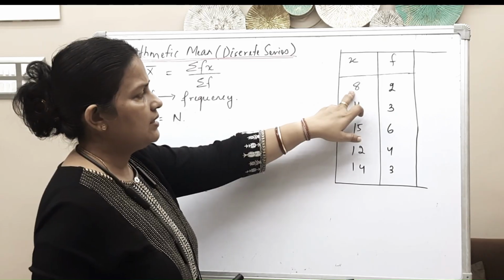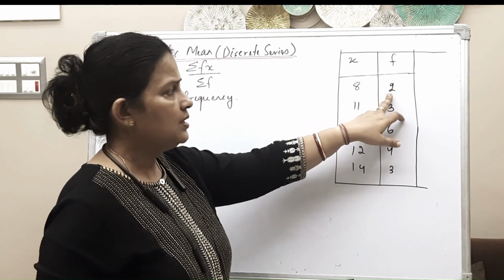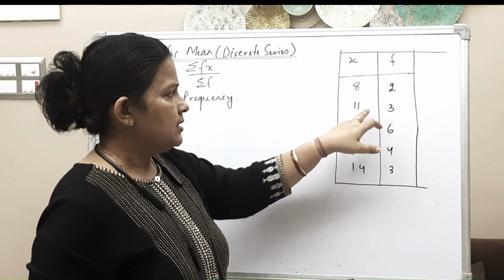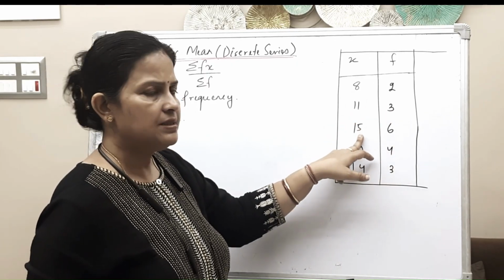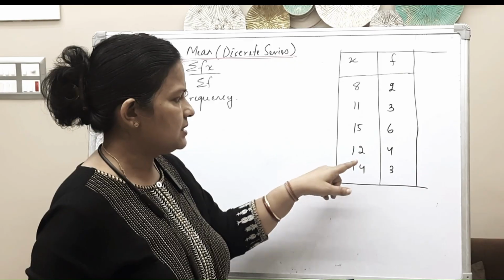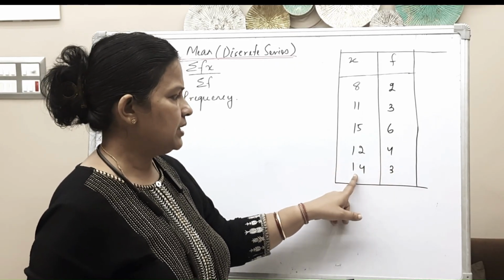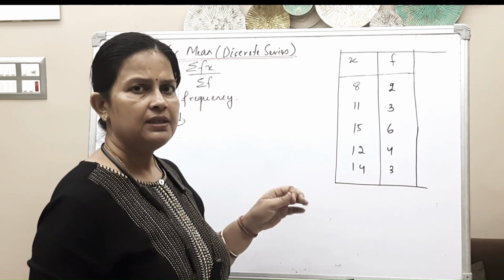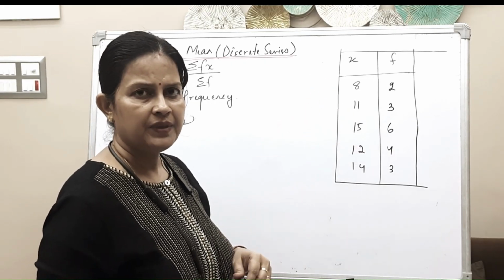See here, the frequency for this 8 is 2, meaning 8 is repeated 2 times in the series. 11 is repeated 3 times in the series. 15 is repeated 6 times in the series. 12 is repeated 4 times in the series. 14 is repeated 3 times in the series. As this is repeated data, we have grouped the data.